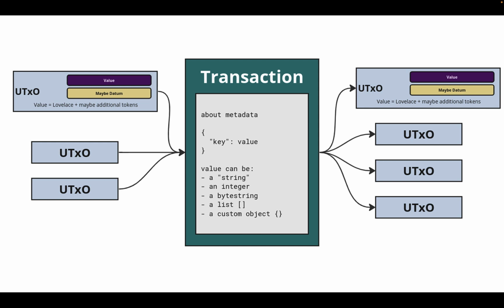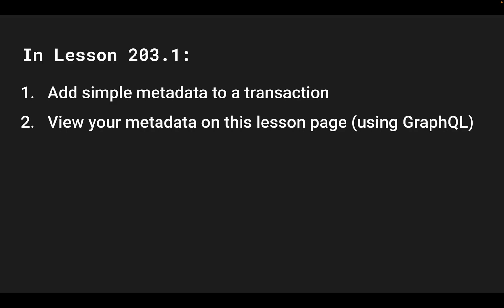In the next lesson, you'll see how to write metadata that specifically applies the NFT media standard on Cardano. But for now, we're going to take an initial look at how to add simple metadata to a transaction, and then you'll see that you can view your metadata on the bottom of this lesson page using a GraphQL query.